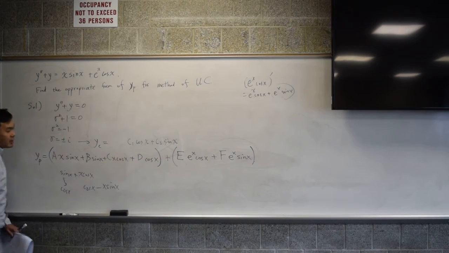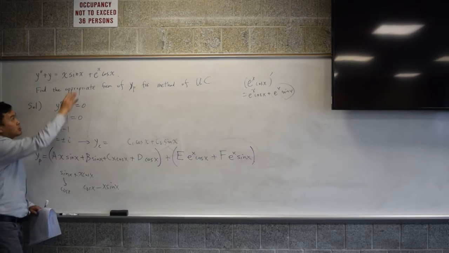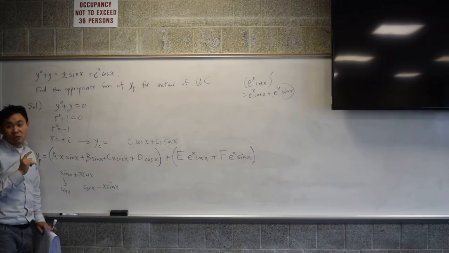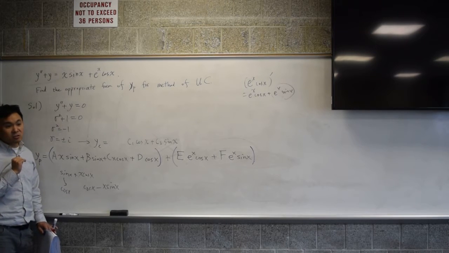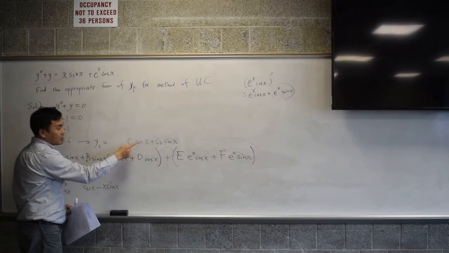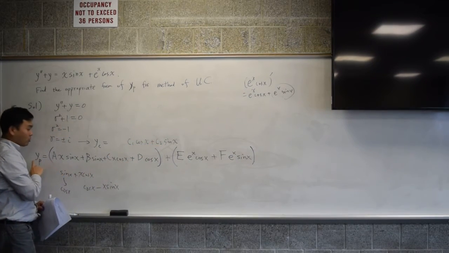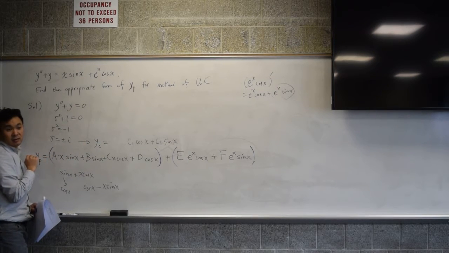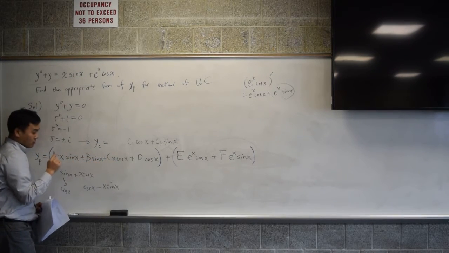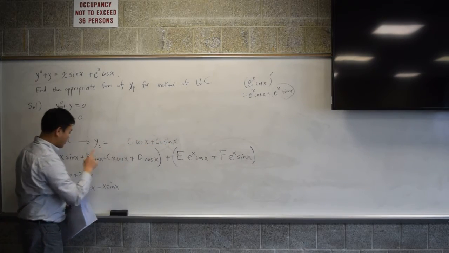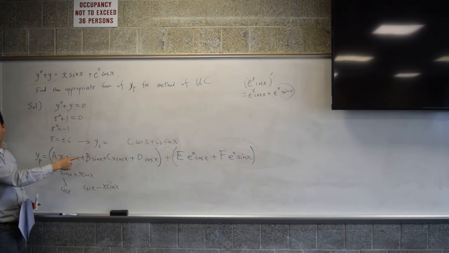Right? Okay, so coming back. So this is what I have prepared just by looking at the right side. However, now the second step is to look for duplication. What is duplication? You look for the complementary and see if these appear in your yp. Do they appear in the yp? Yes, right here, cosine x, right? And sine x, right here. Okay? So they appear.